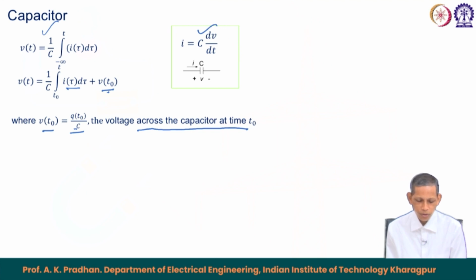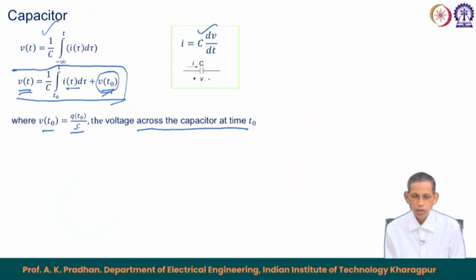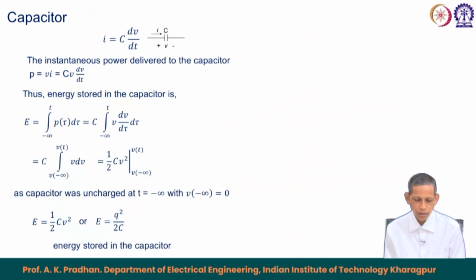So, if you have an initial voltage in the capacitor, using that we can find the capacitor voltage at any instant of time in the given circuit condition.